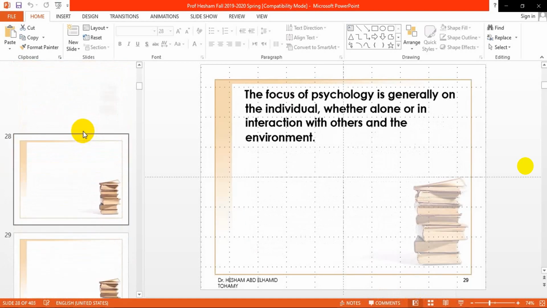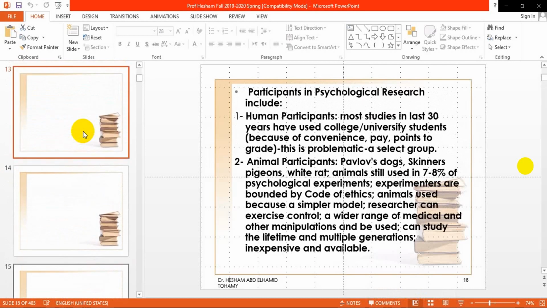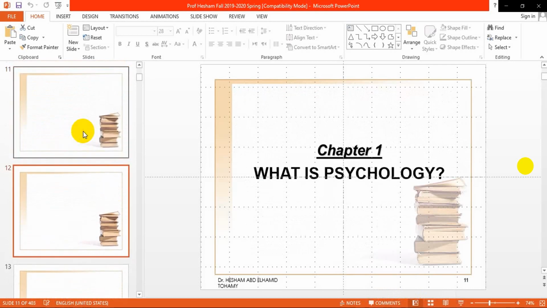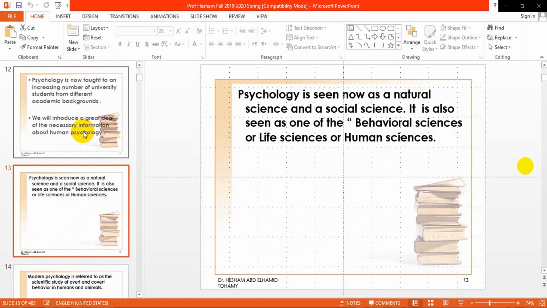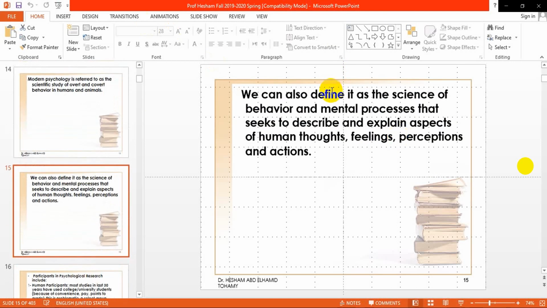Slide number one, the first definition: psychology is referred to as the scientific study of overt and covert behavior in humans and animals. And the second slide: psychology can be defined as the science of behavior and the mental process that seeks to describe and explain aspects of human thoughts, feelings, perception, and action.